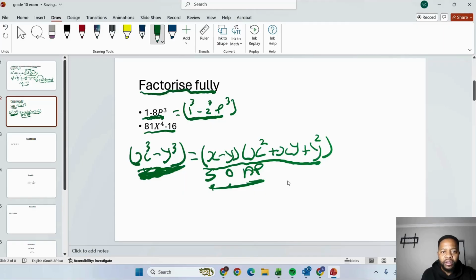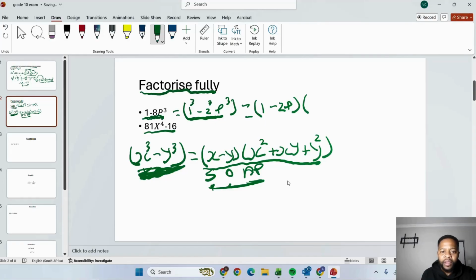If you substitute into the exercise, the first term here is 1, minus the second one, which is 2p. This goes between brackets, and then open brackets.